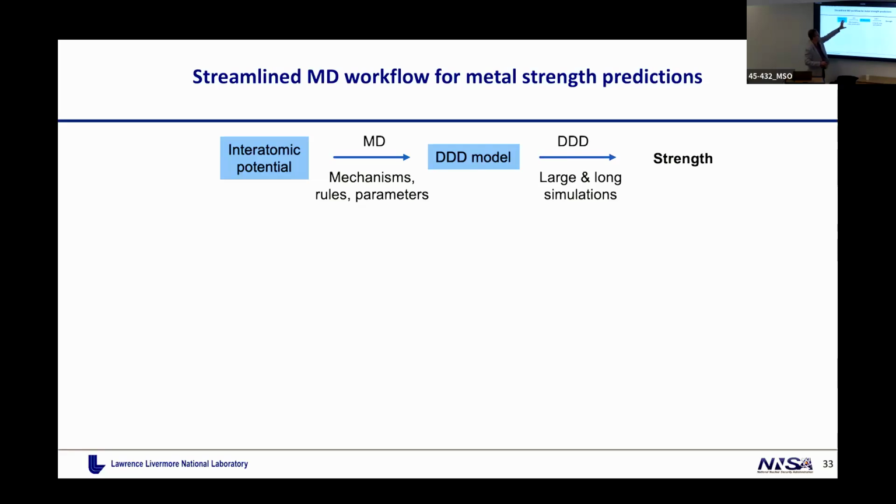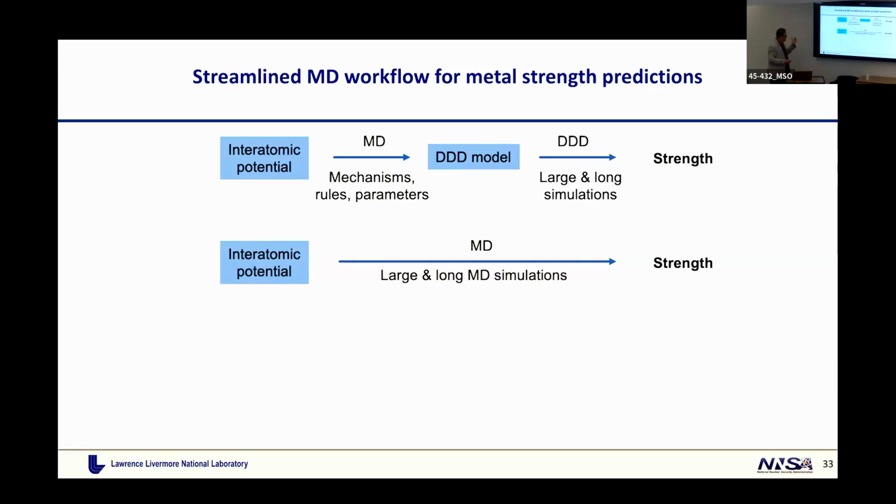You start with an atomic potential, you run MD simulations to make dislocations move, you quantify the motion, you import it into a DD model, and you then run long and large DDD simulations to compute strength. This is the alternative that we started a while ago. You just skip it over. You start with the interatomic potential, and you just run huge and long simulations and compute the same strength. And in our context, with our resources, we can afford to do it in a relevant range.